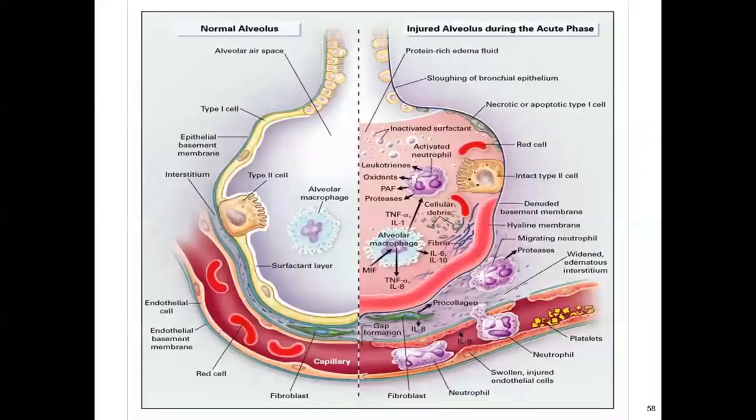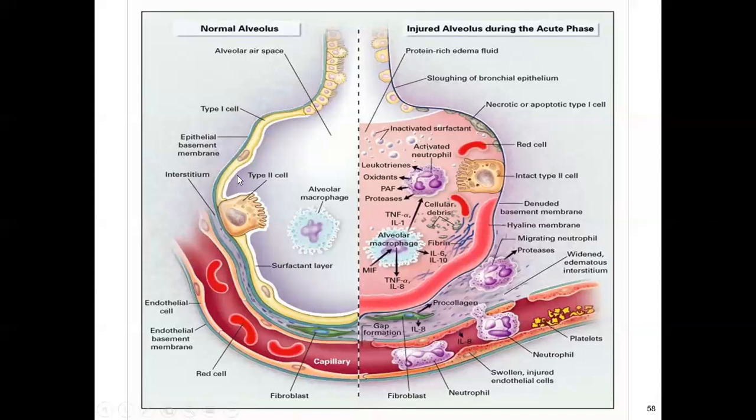In this picture, here is showing normal alveoli, but here is showing inflamed alveoli during acute states. Normal lung alveoli contain macrophages, called alveolar macrophages. This is actually a type of WBC. They act as a defense mechanism.